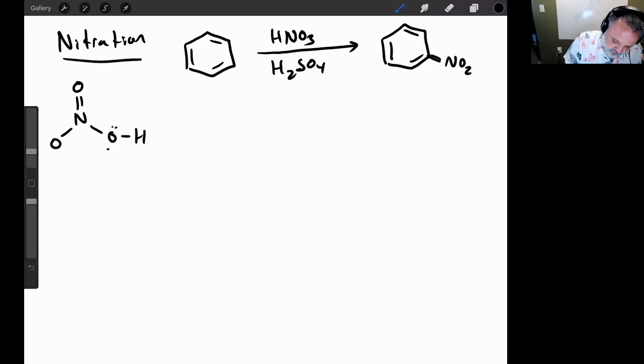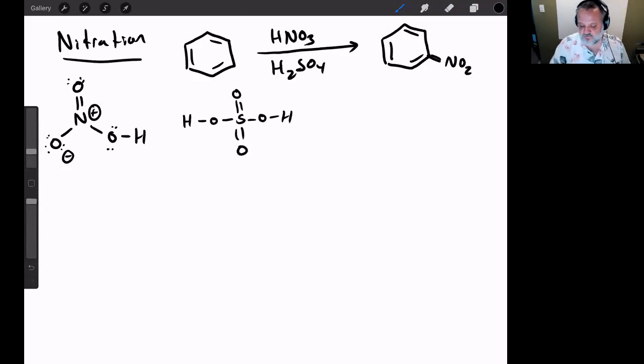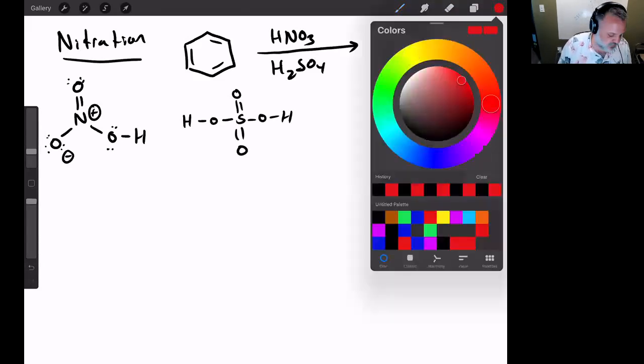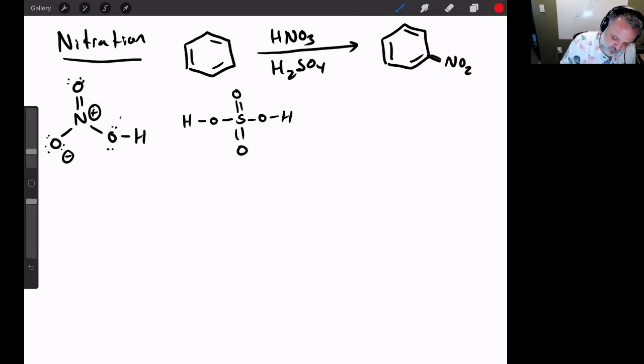So here's the Lewis structure for nitric acid. It's neutral, but I've got a negatively charged oxygen and a positively charged nitrogen. It's going to react with H2SO4. Remind you of the Lewis structure for H2SO4. It's a much stronger acid than nitric acid. If you take a look at the pKa tables back in chapter 3, you'll see then that it protonates the nitric acid itself.